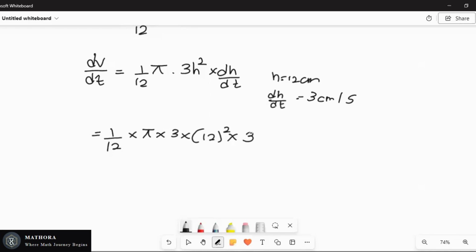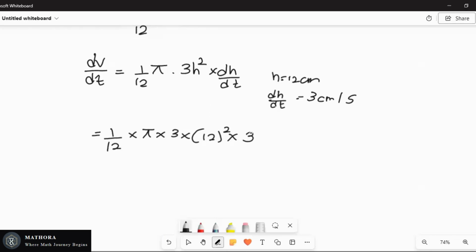So 1 divided by 12 times 3 times 3 is 9 times 12 is 144.